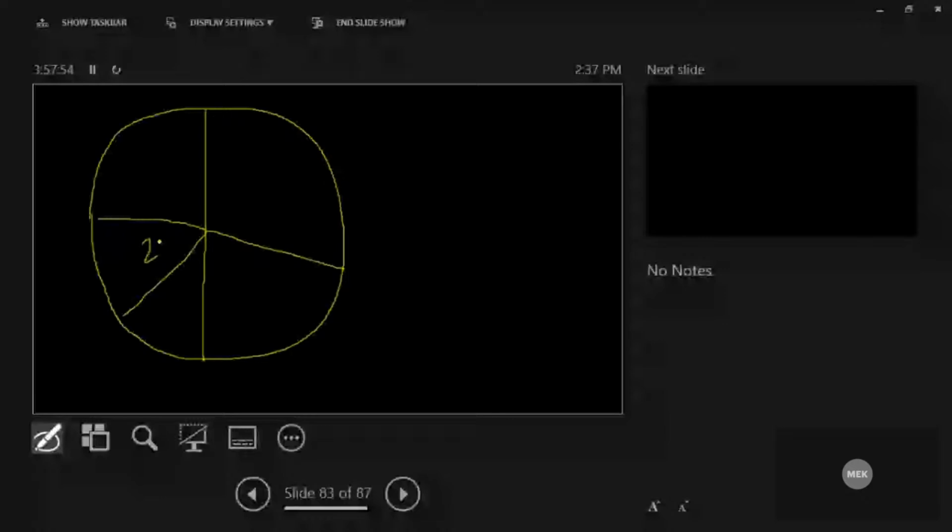That's 2x. That's 5x. That's 6x. And that's 3x. So calculate each of those angles for me. Tell me the degree measurement for each of these five angles.